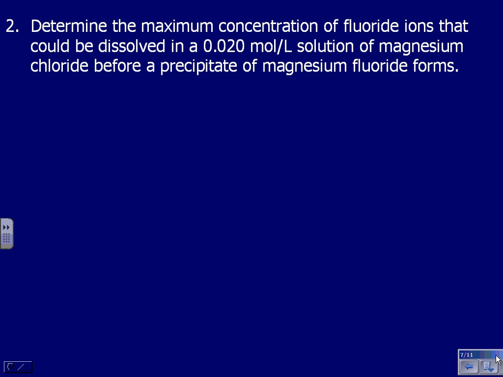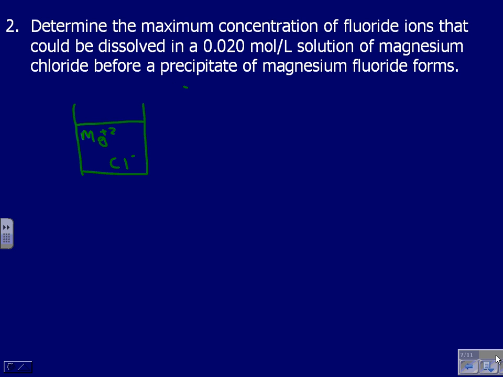If I were presented with a question like this, which obviously I am, I'd start by drawing a little picture to think things through. What we have here is a solution that contains magnesium and chloride. And we're asking for the maximum concentration of fluoride ions that could be dissolved.